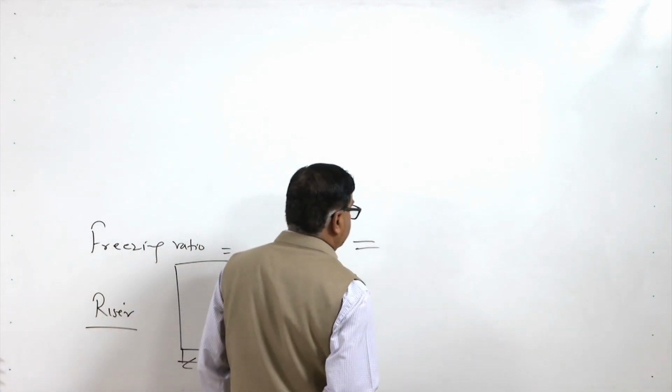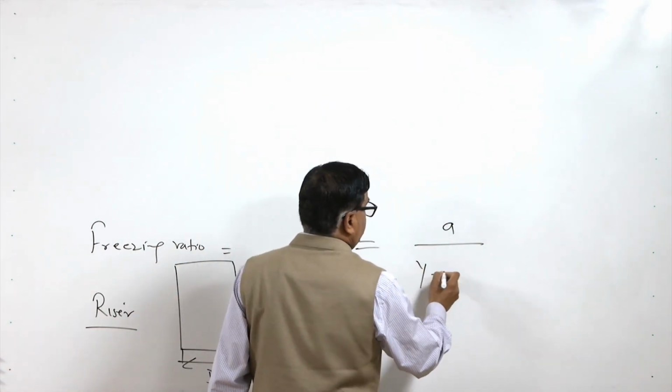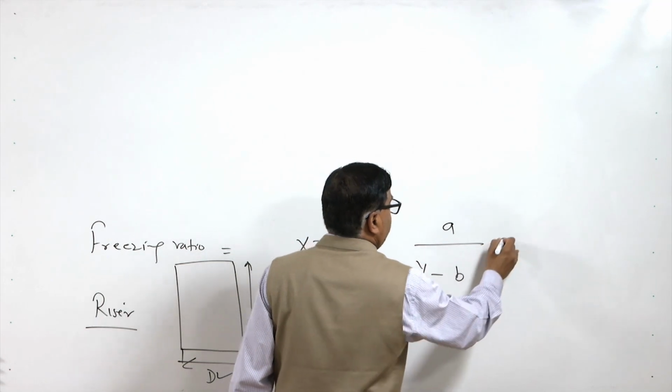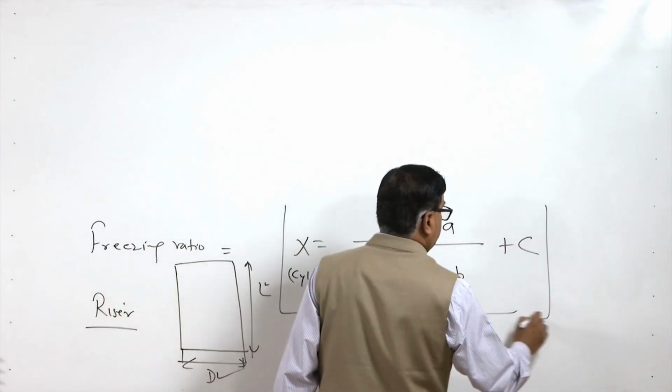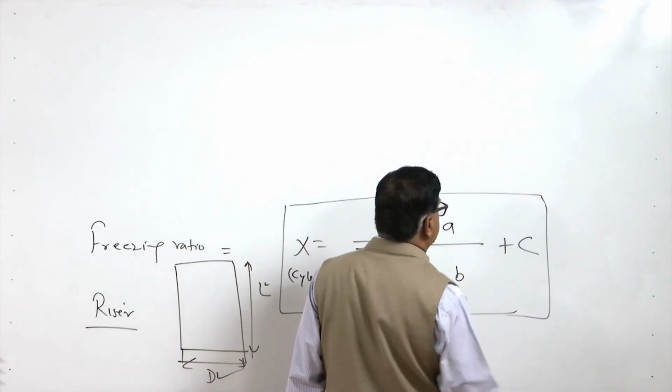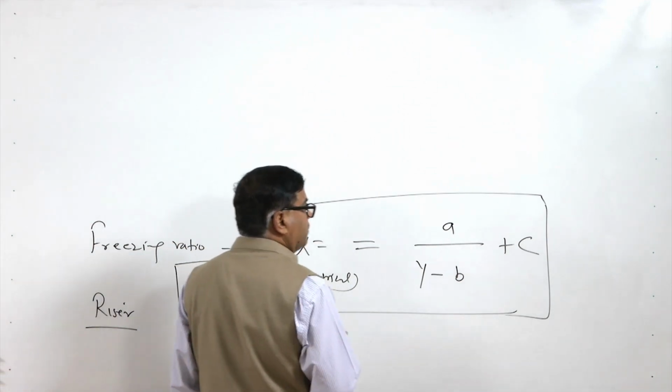This is expressed as X equals A divided by Y minus B, plus C. This is one typical freezing equation used for determining the freezing ratio for cylindrical shape risers.